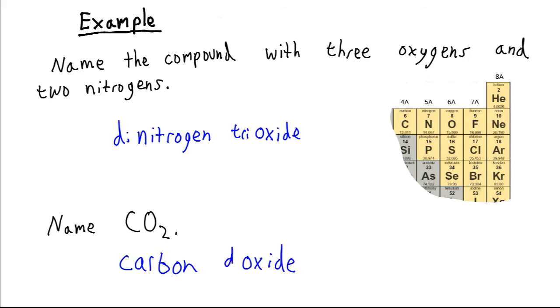And again, the prefix which means 2 is di. Now if we want, we can write mono here to signify that we only have one of these carbons, but mono is generally optional. If we omit to write it, then you will know by the fact that there's no prefix there that there's only one of the carbons.